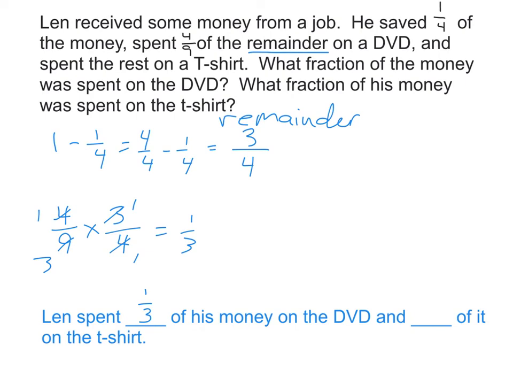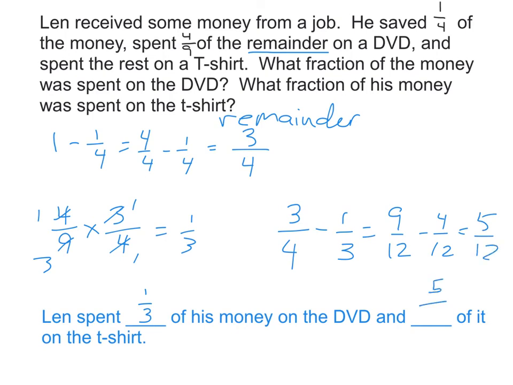So that would be the rest of the remainder minus the DVD. Common denominator is 12. So this would be 9/12 minus 4/12 leaves 5/12 for the t-shirt. So there's a second method besides the model that you could also use.